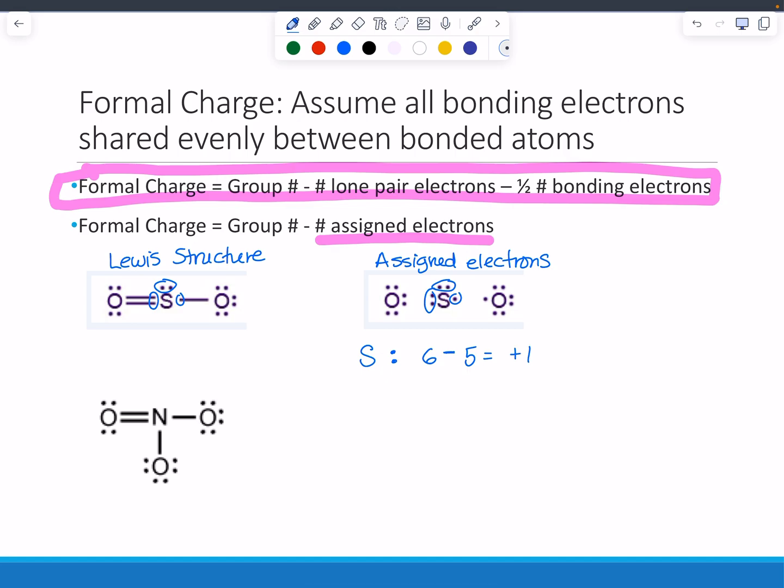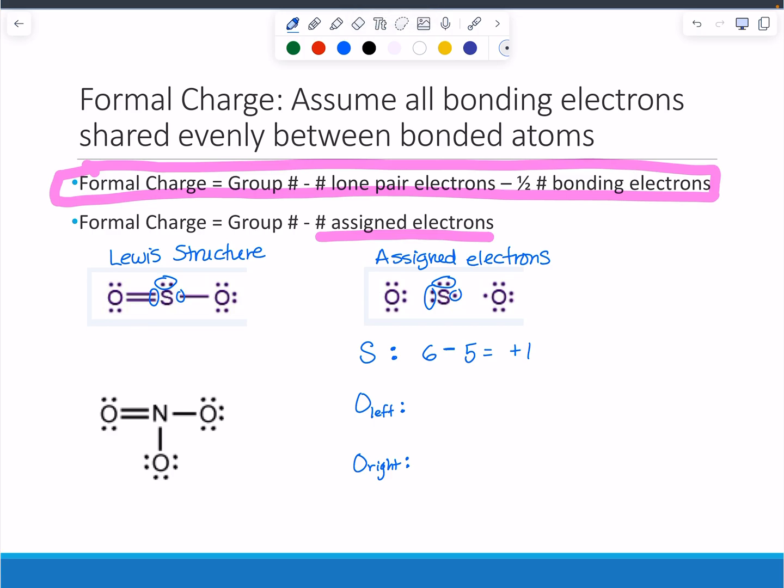Now let's do the oxygen on the left, and then we'll do the oxygen on the right. They're not going to be the same because one is involved in a double bond and the other is involved in a single bond. The one on the left, oxygen also in group 6, has 6 assigned electrons. If we count these, 1, 2, 3, 4, 5, 6. So the formal charge on that is 0.